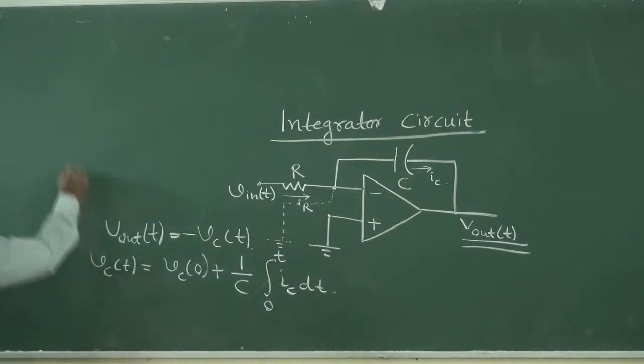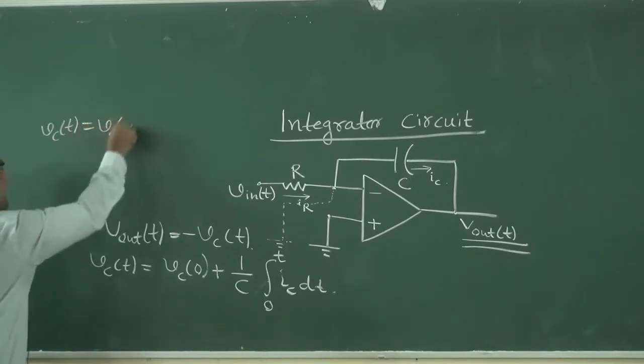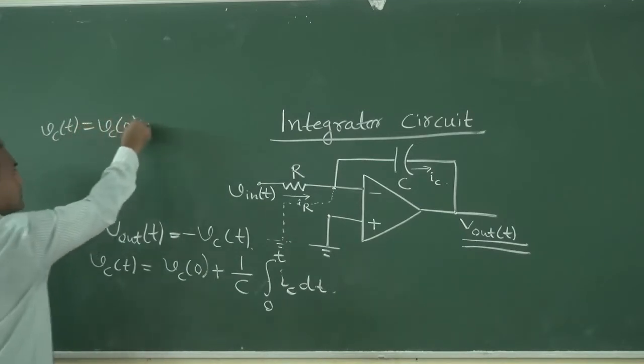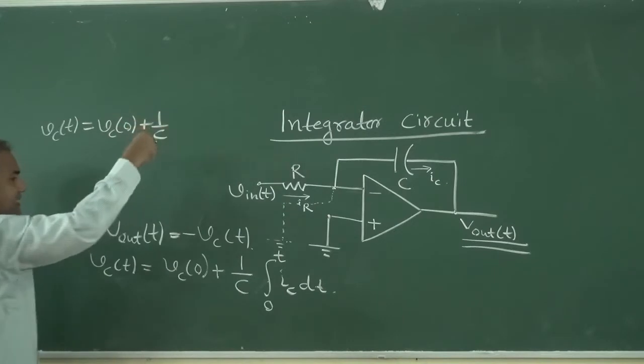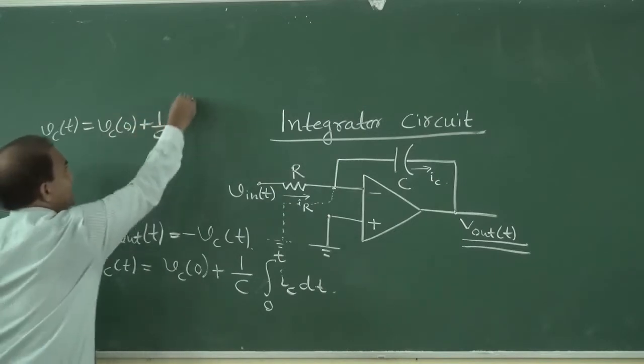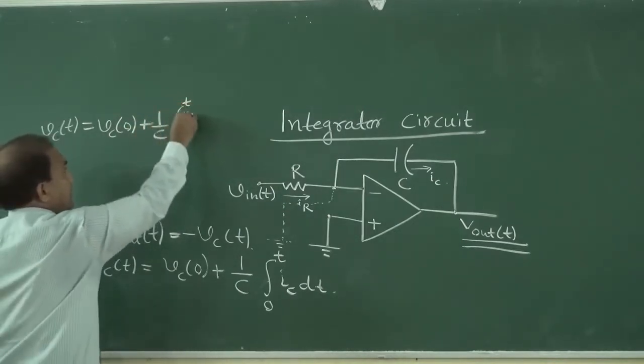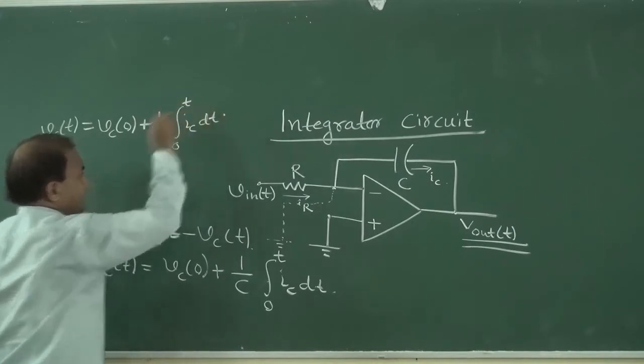So we can write VC of t equal to VC naught plus 1 by C integral of 0 to t IC dt.